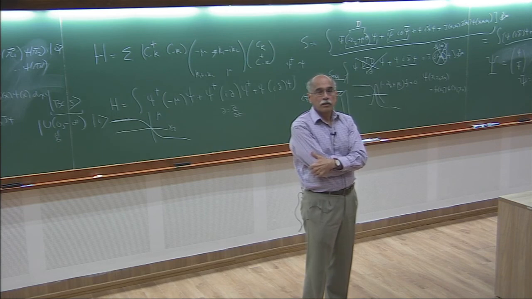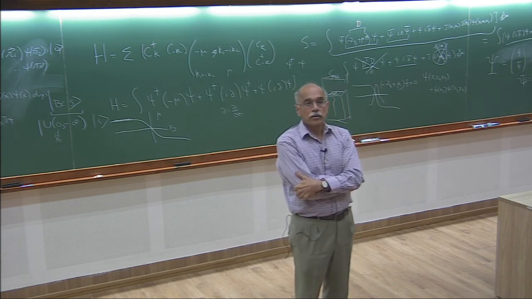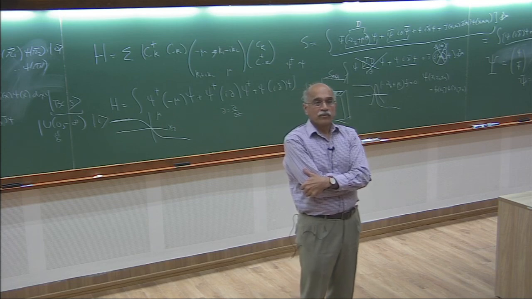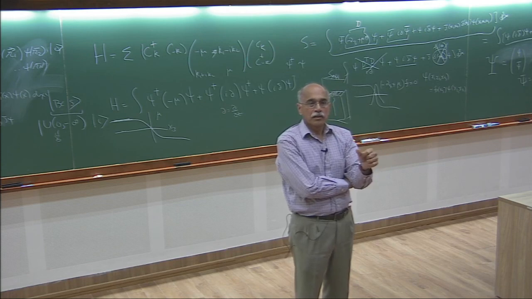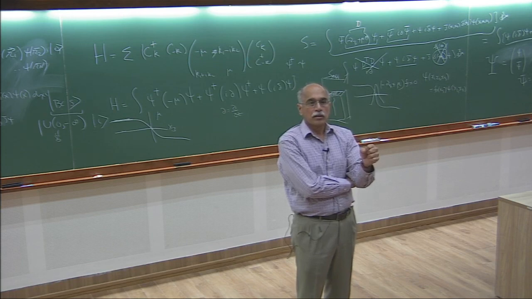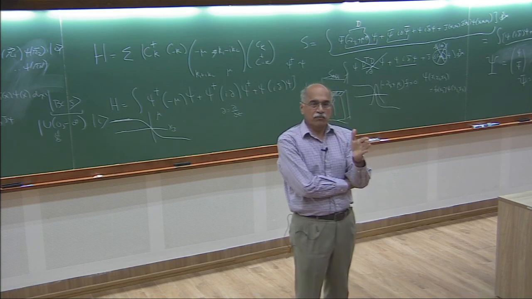Listening to it, it was not obvious to me that a p plus ip superconductor surface will have a Majorana fermion. Are you also providing a proof for that? You mean if you have a vortex or something? No, without a vortex. Suppose I take the surface. You'll have to create an edge for the Majorana.